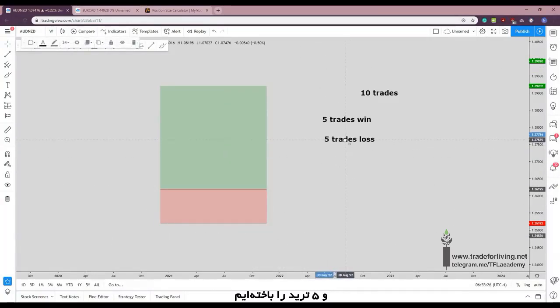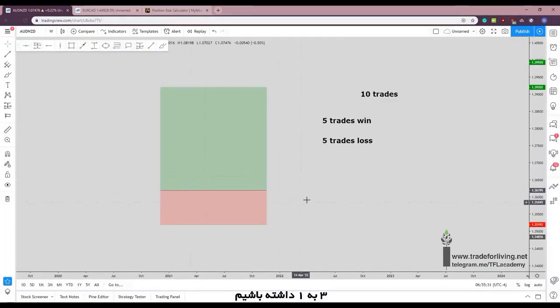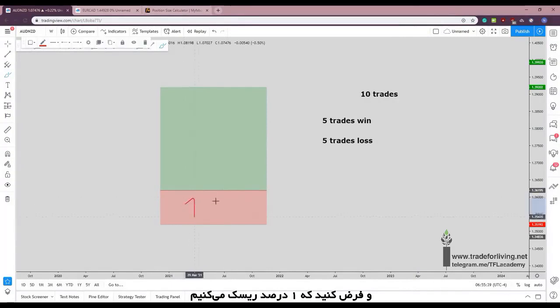Now, what will happen if we have a 1 to 3 risk to reward? If we win 5 trades, how much will we make? Let's assume we're risking 1% per position to make 3%. So if we win 5 trades, we risked 1% five times to make 3% each time, so we made 15%.